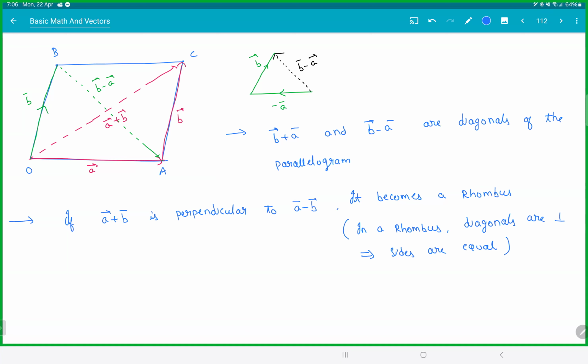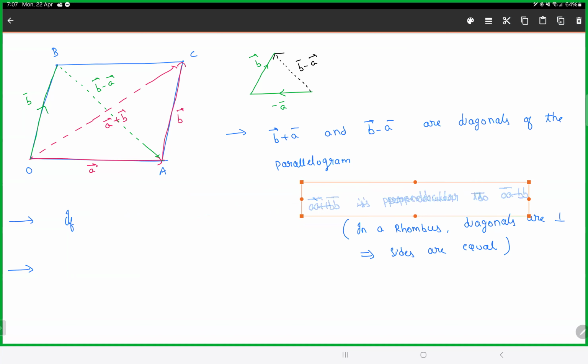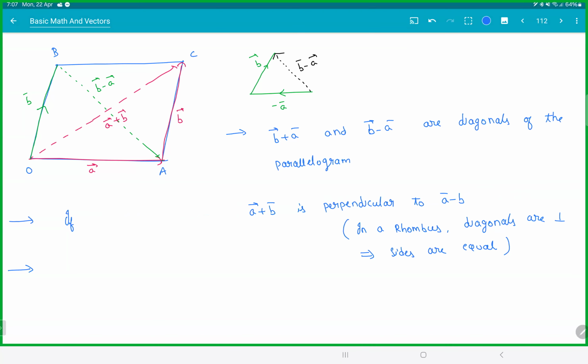Clear? What is the condition if this becomes a square? If the parallelogram wants to become a square, what's the condition? This is the condition for rhombus.